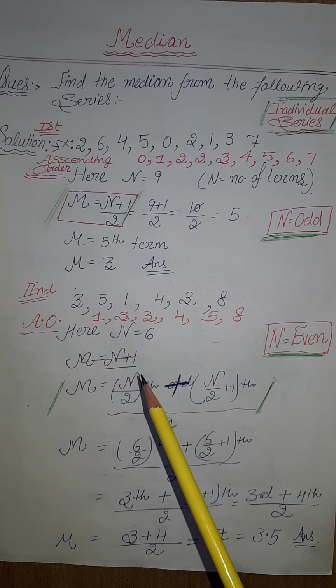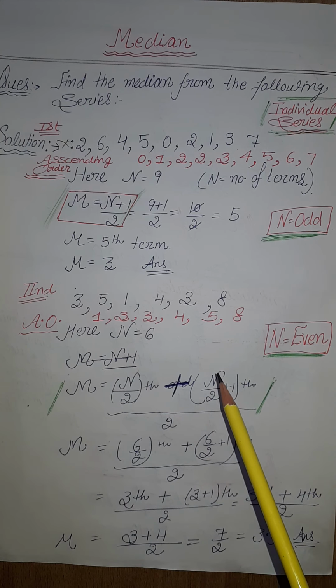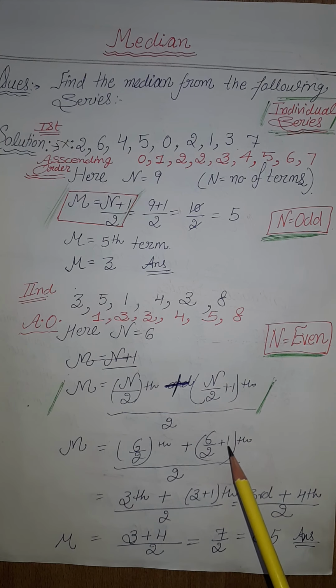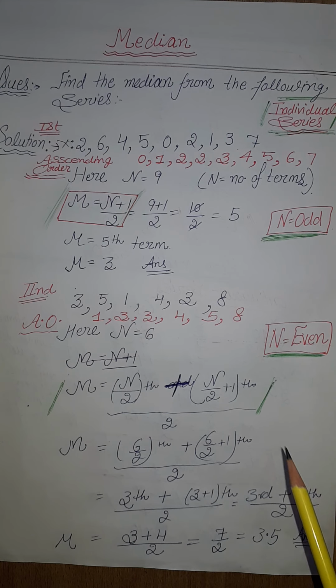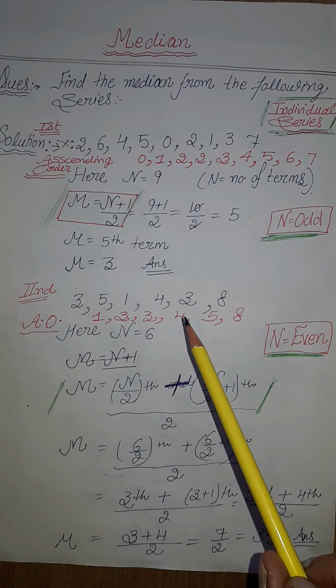So we put the value of n, we get 6 upon 2 plus again 6 by 2 plus 1. After cancelling, we get third plus 1 and we get fourth term. What is third and fourth term in our series? You can see here 1, 2, 3, 4.